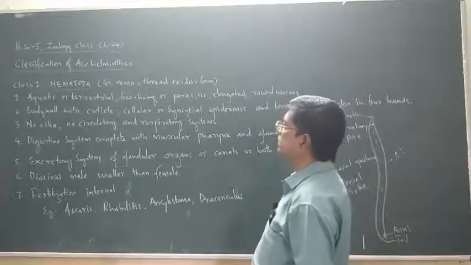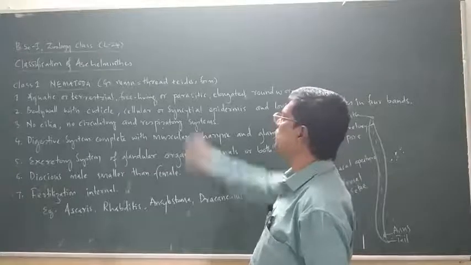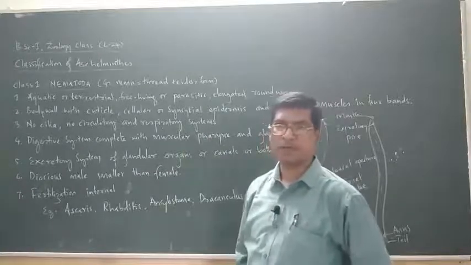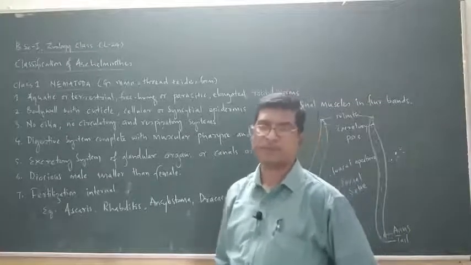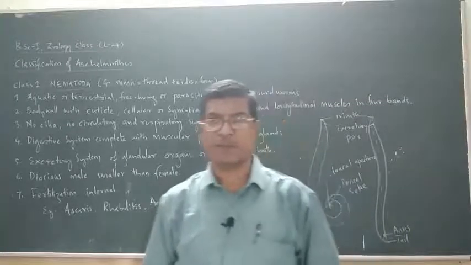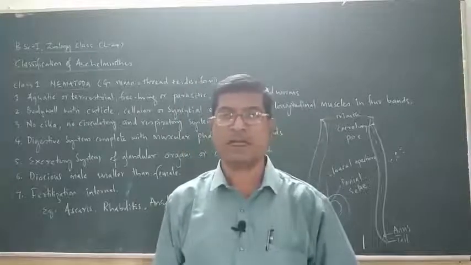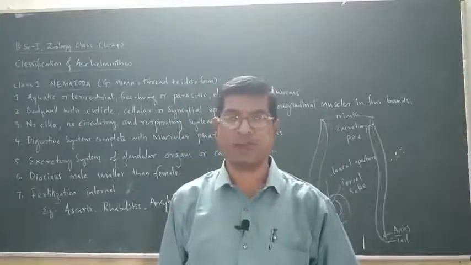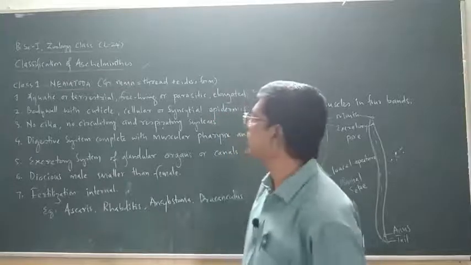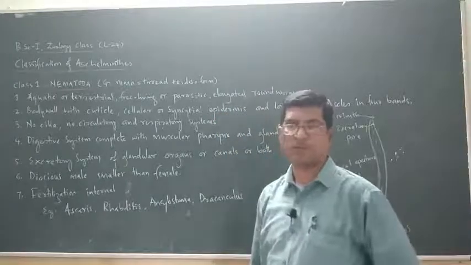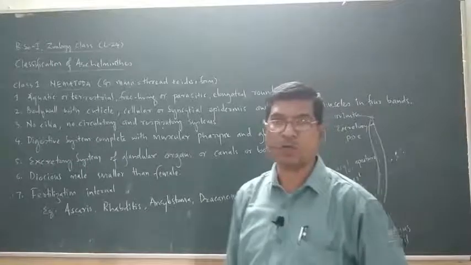In Greek language, Nema refers to thread, eidos refers to form. The worms are thread-like, therefore they are called nematodes. Nematoda includes thread worms, round worms.